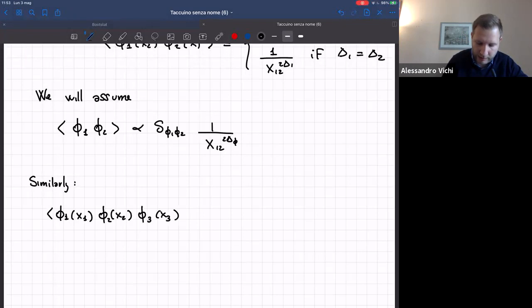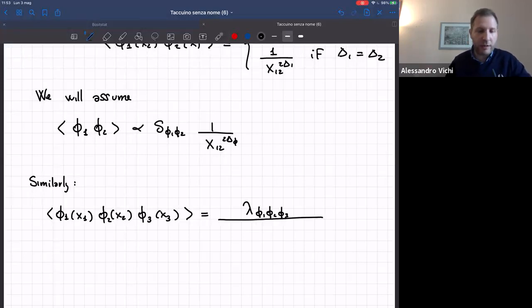And so in this case, the overall prefactor is going to be physical, and we call it lambda, right? And it depends, of course, on the triplet of fields that we chose. But the coordinate dependence, the space-time dependence on x1, x2, x3, is again fixed by a simple function that I'm going to write.